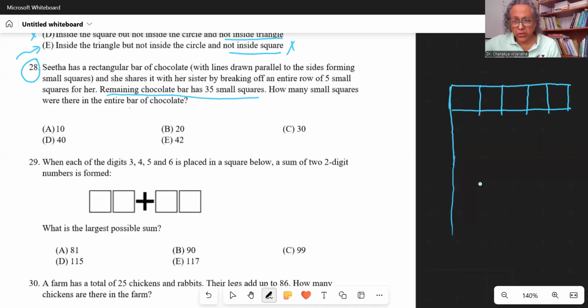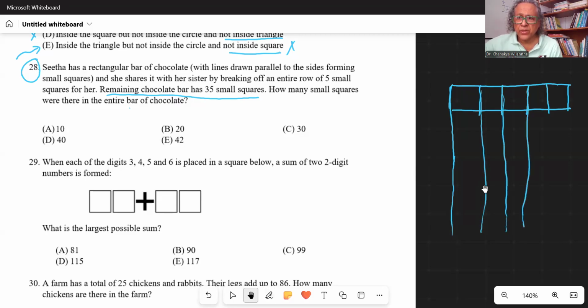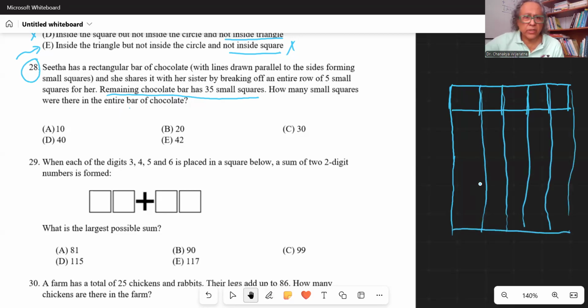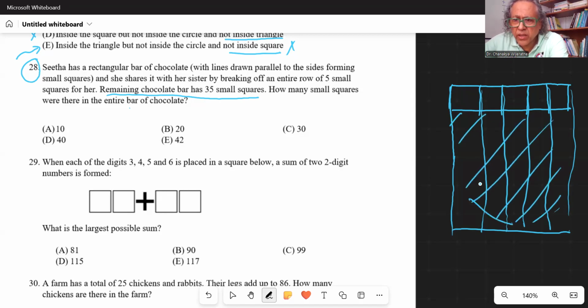Well, five columns. And how many rows? The one row she broke off and gave to her sister. This is the remaining one, and it says the remaining one has 35 small squares.